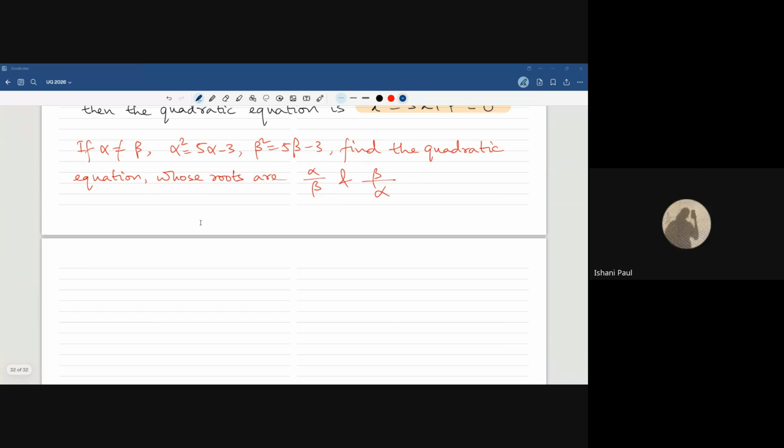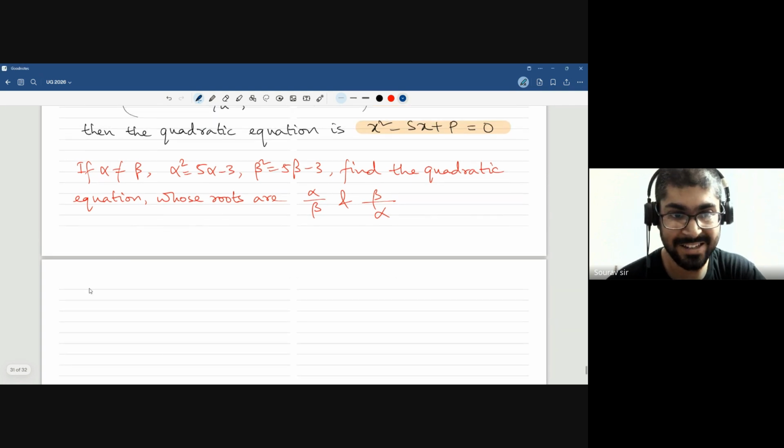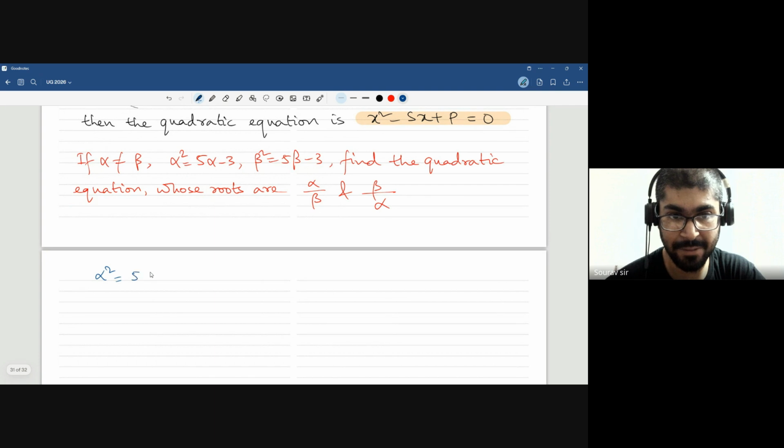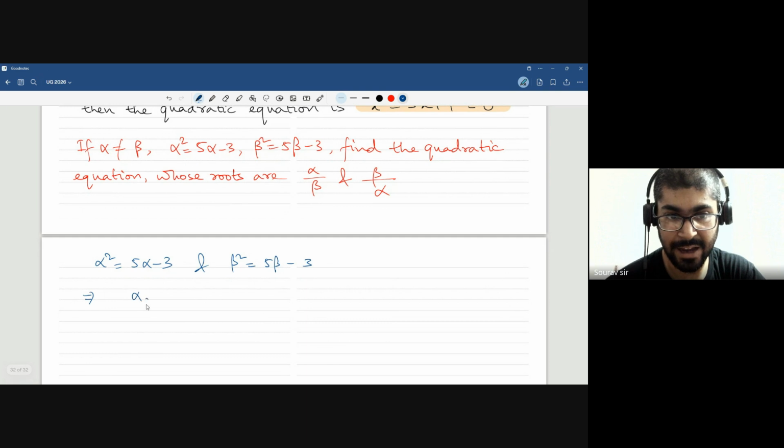Okay, so let us solve it. What does it say? It says alpha square is equal to 5 alpha minus 3 and beta square is equal to 5 beta minus 3. This implies alpha and beta are solutions of x square minus 5x plus 3 equal to 0.